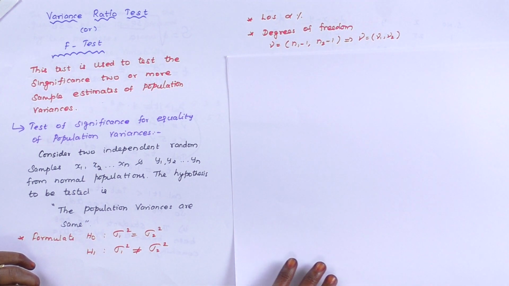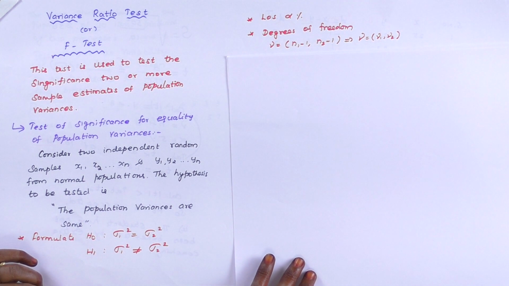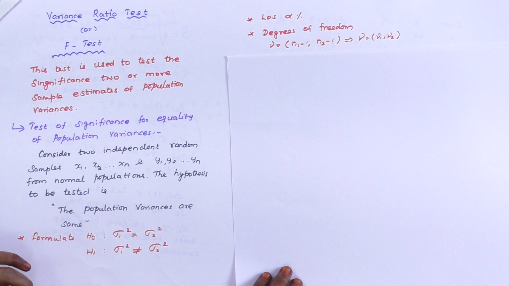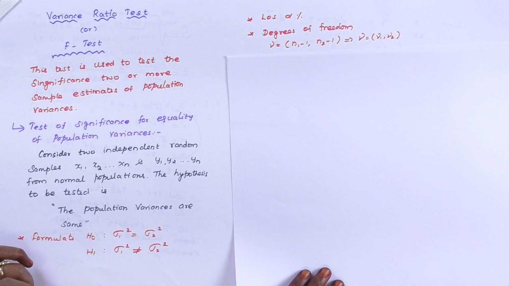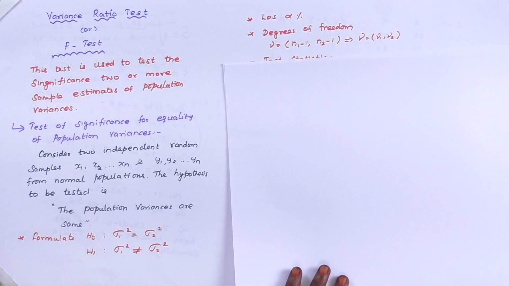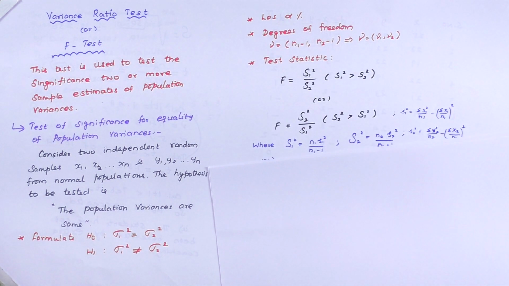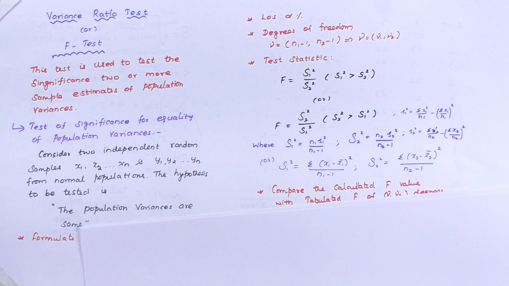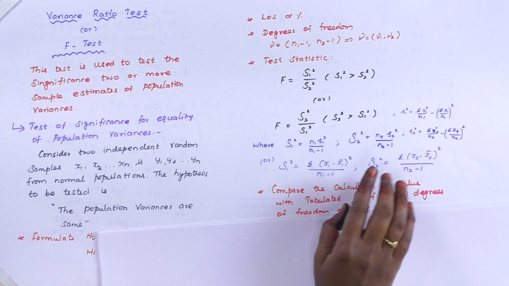Next we find the test statistic value for the F test. It is S1 square divided by S2 square if S1 square is greater than S2 square. Otherwise we apply the other form, S2 square divided by S1 square, where S2 square is greater than S1 square. If S1 square is given directly, we can apply this formula.